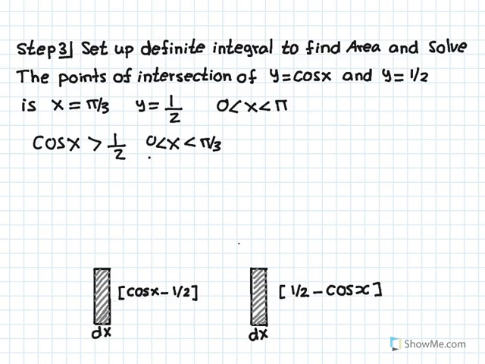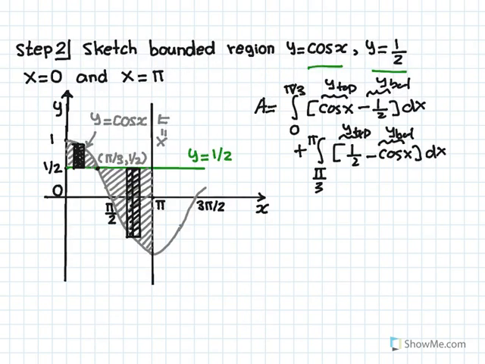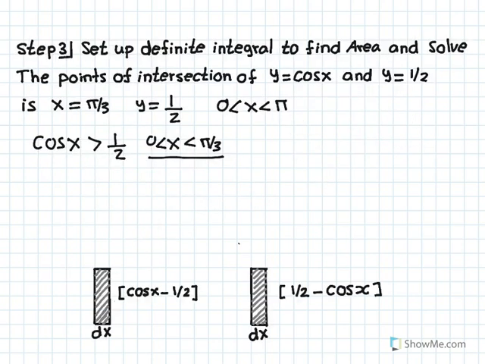You can see this from the graph. And also, you will notice that 1/2 is bigger than cosine x when x is larger than pi over 3 and less than pi.